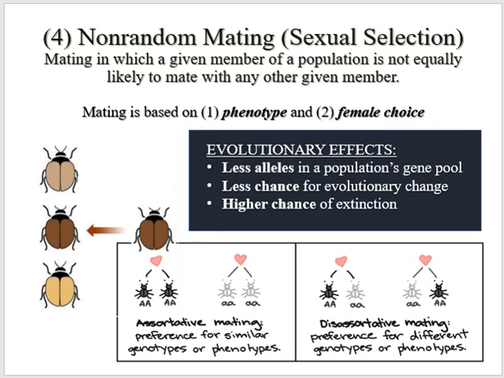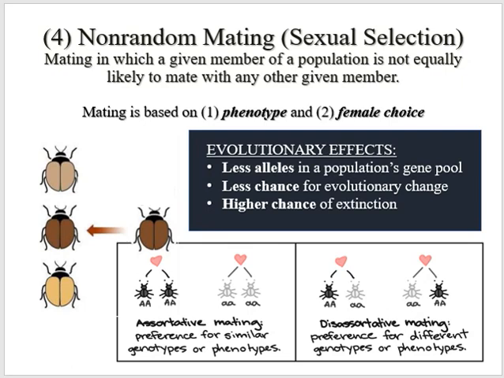More specifically, their phenotypes are similar to the individual that's seeking a mate. So consequently, you have mating between individuals of similar genotypes. This can either be by choice, it's usually by choice, but it can also be due to environmental factors such as location.